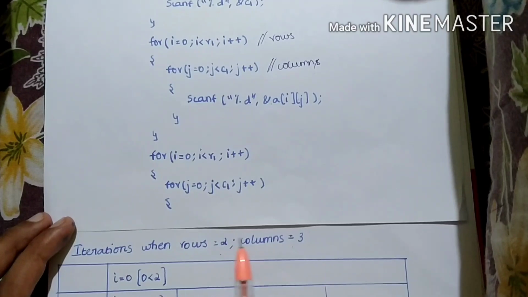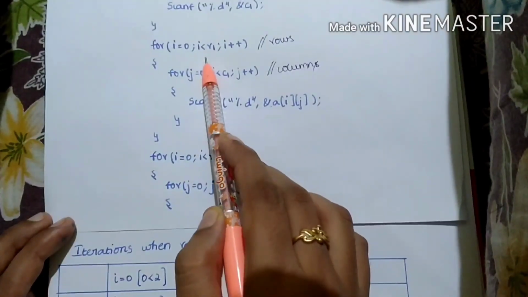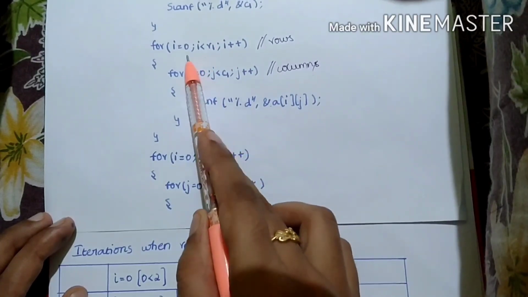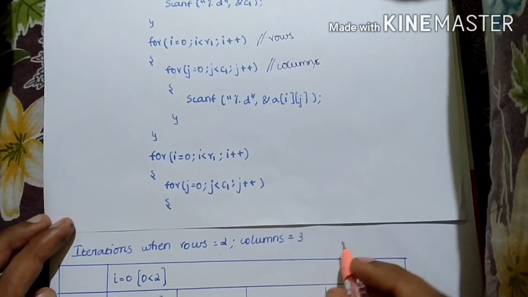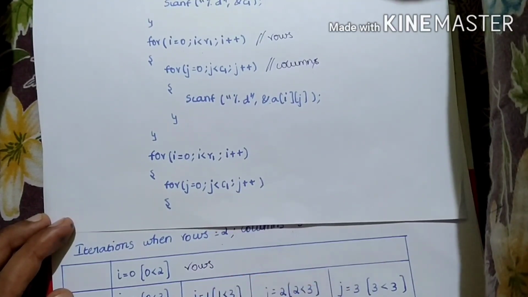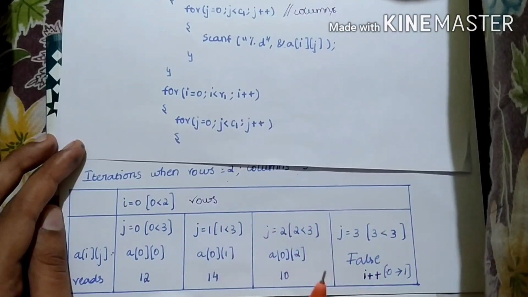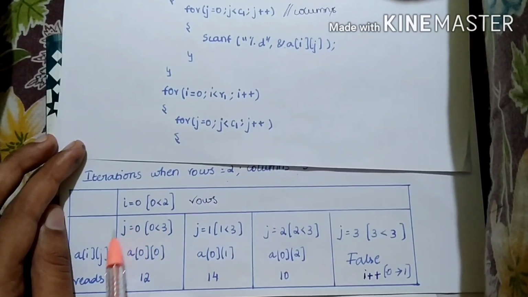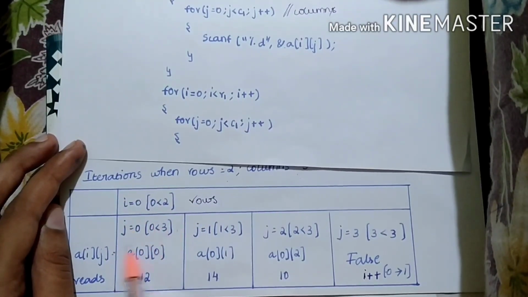So I have given 2 rows and 3 columns. This loop iterates from 0 to 2. That means this is the rows, and these are the columns. We loop for rows, loop for columns.